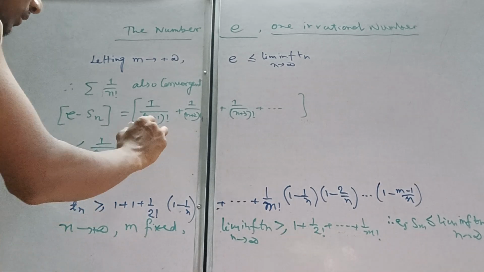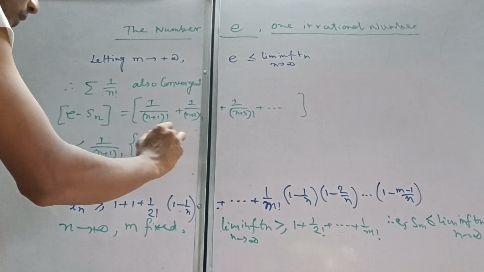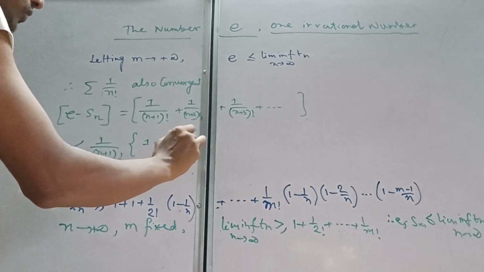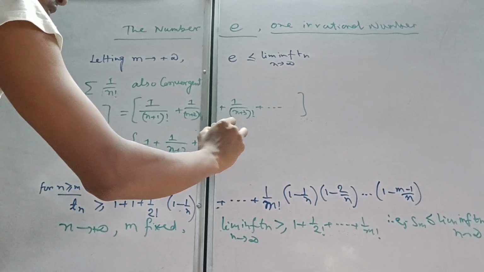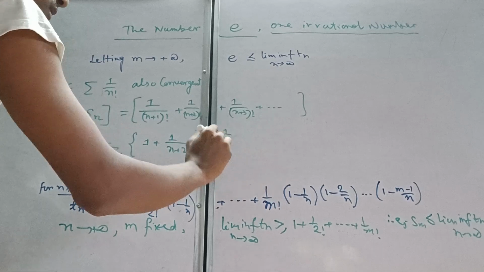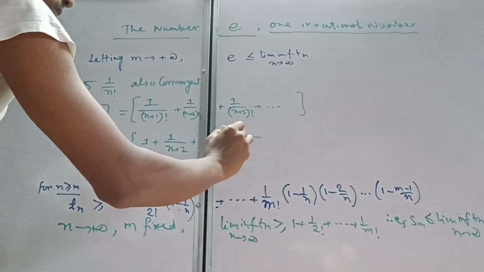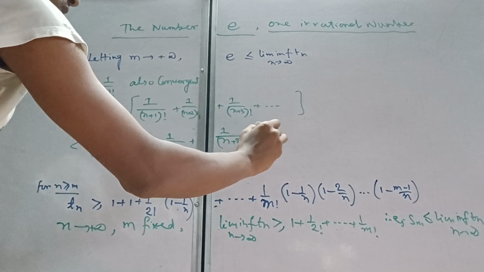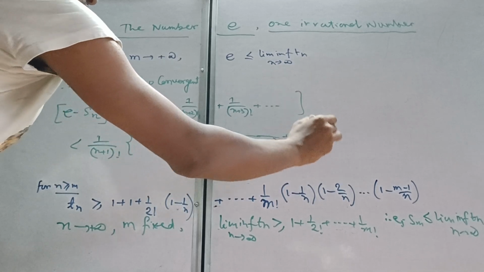Here 1 plus 1 by n plus 2, then 1 by (n plus 2)(n plus 3), and so on.